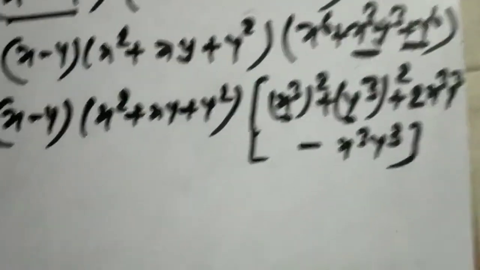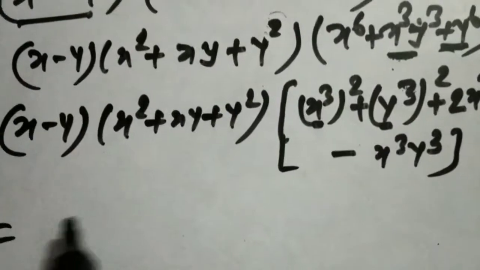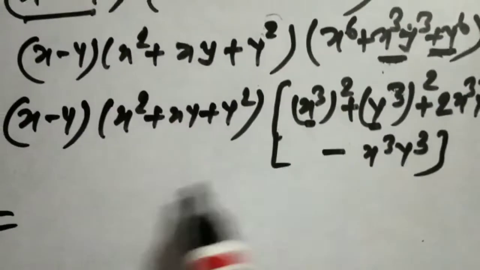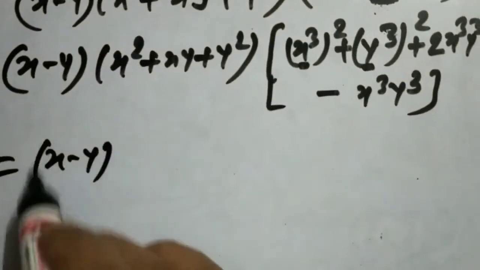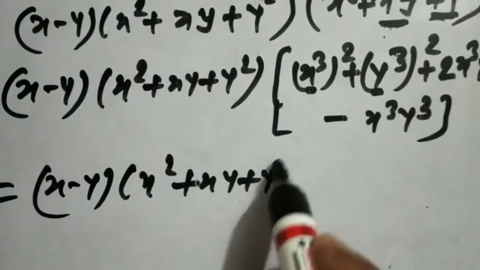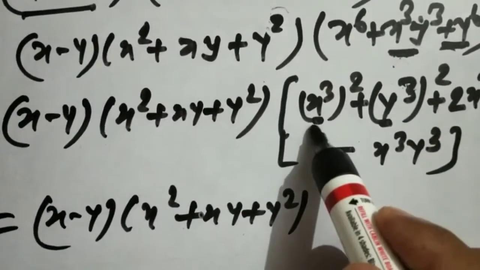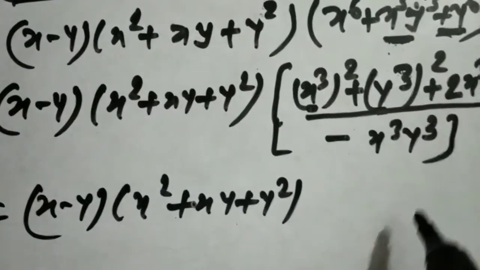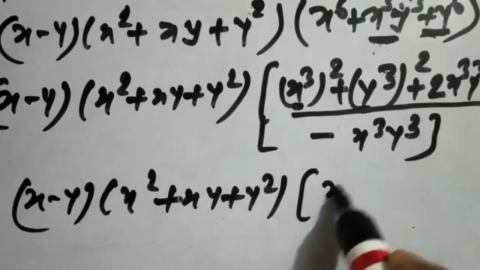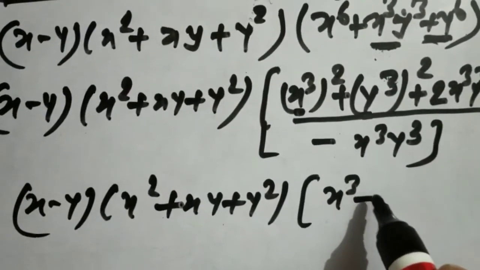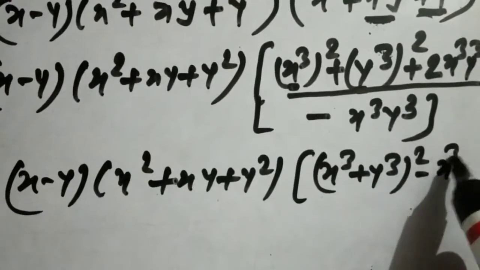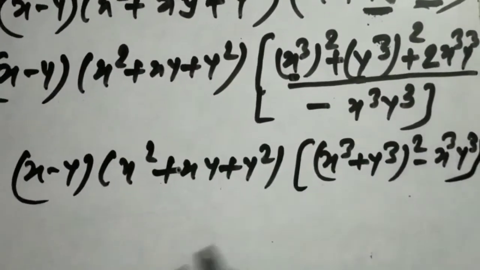Okay. Then this can be written as (x minus y) (x square plus xy plus y square), and this is based on an identity, and the identity is x cube plus y cube, (a plus b) the whole square, and then x cube minus y cube will be here.